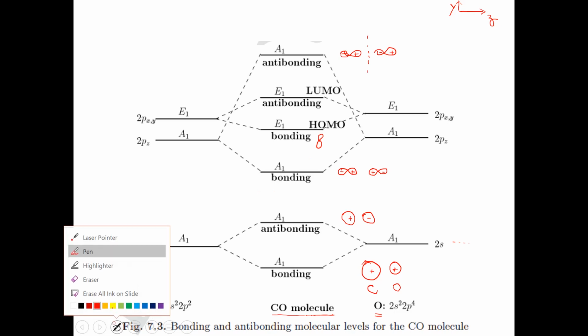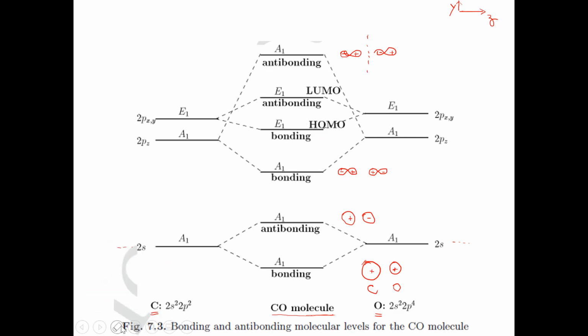Yes, I can do that better. This is the bonding combination of two PY orbitals, and this is the anti-bonding combination. It's going to be something like that. Okay, and the same for the PX. So for the PX, I'm going to have exactly the same thing.